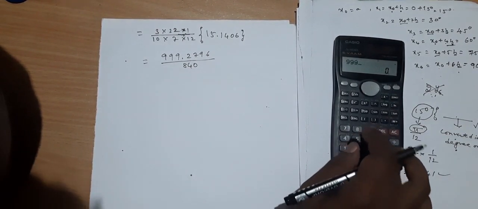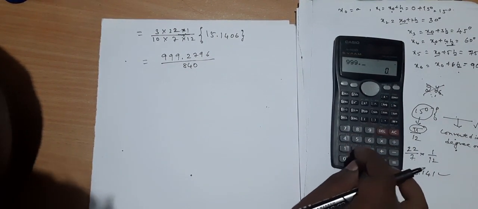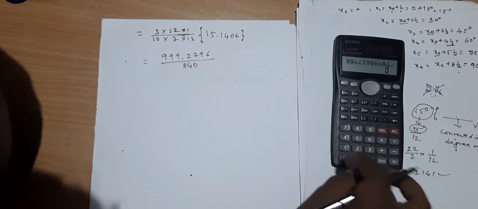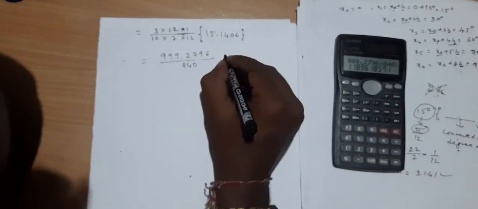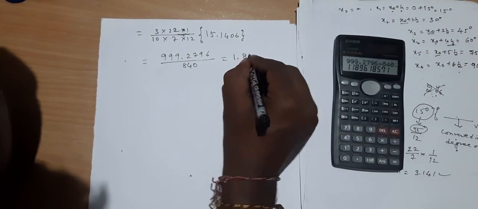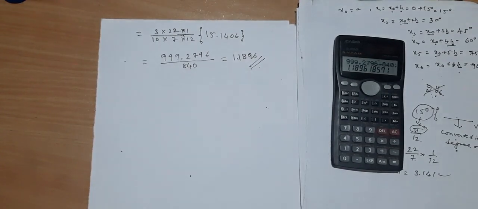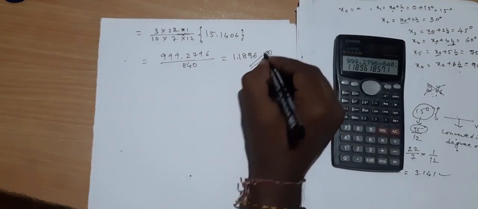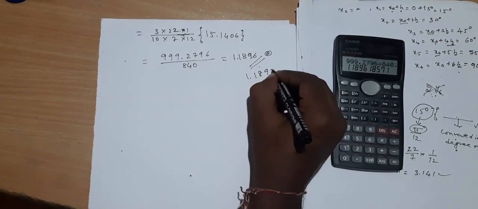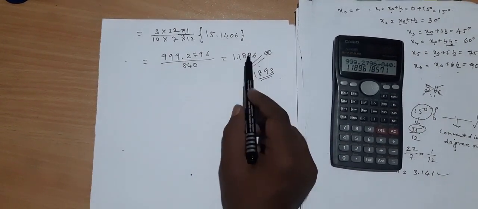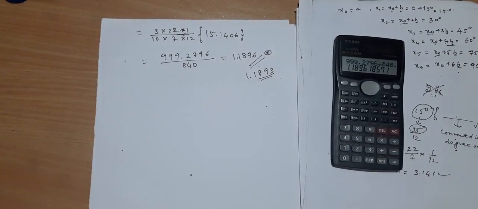So 999.2796 divided by 840 is 1.1896. So this is the required solution. Sometimes some people will get 1.1893, that is also no problem. Some decimal point error you may get sometimes, so no problem in that.